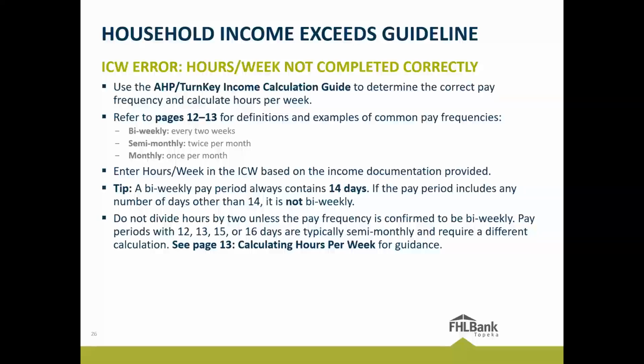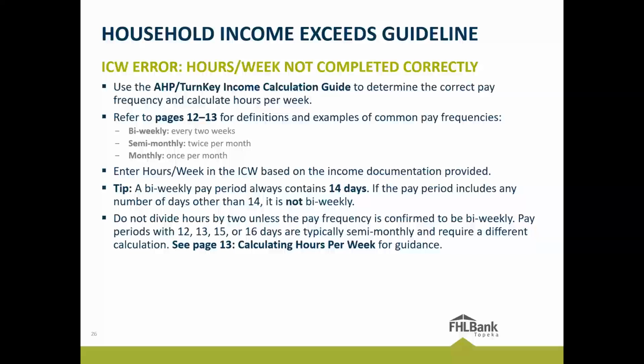Pages 12 and 13 provide definitions and examples of common pay frequencies. So biweekly is every 2 weeks, semi-monthly twice per month, monthly once per month, etc. The hours per week should be entered in the ICW based on the income documentation provided. One tip that we can provide is that biweekly pay periods are always going to be 14 days. If the pay period includes any number of days other than 14, it's not biweekly.